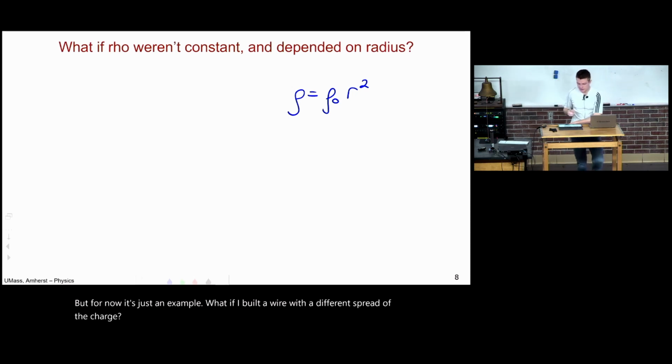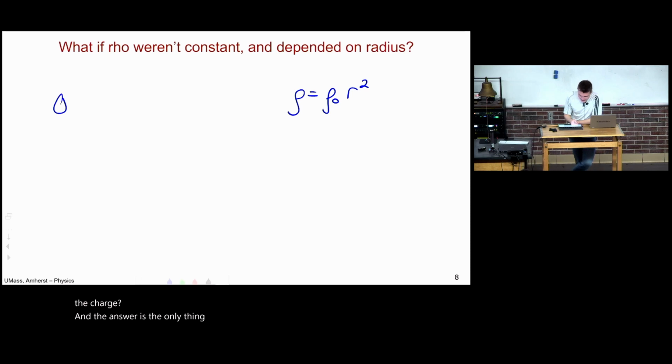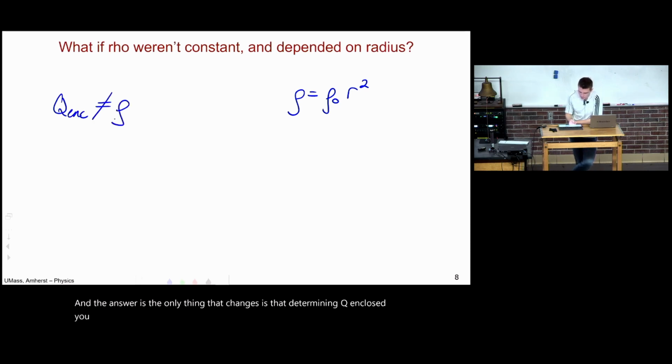And the answer is, the only thing that changes is that determining Q enclosed, you can no longer just multiply rho times volume, right? Because rho is not the same everywhere in the volume.